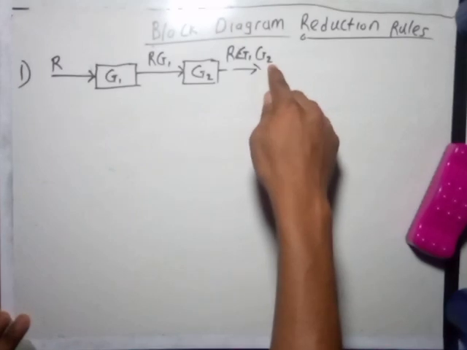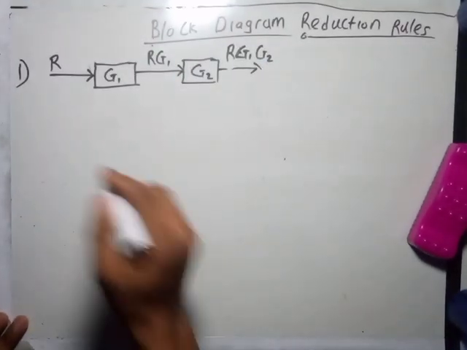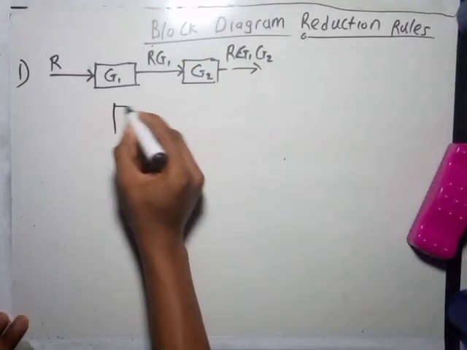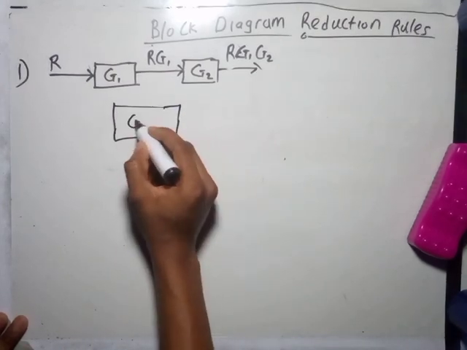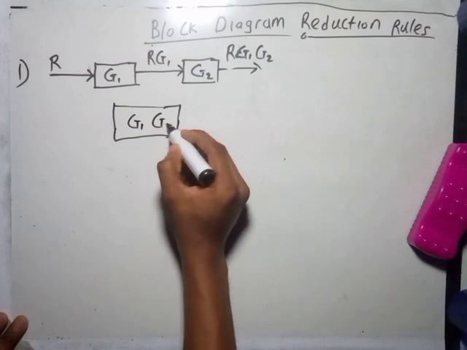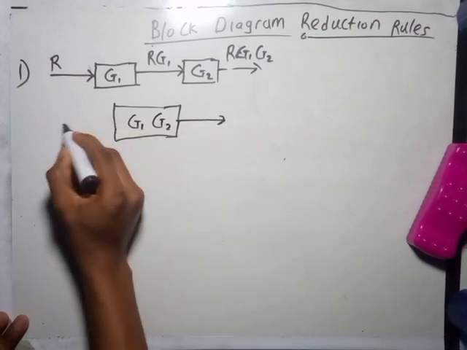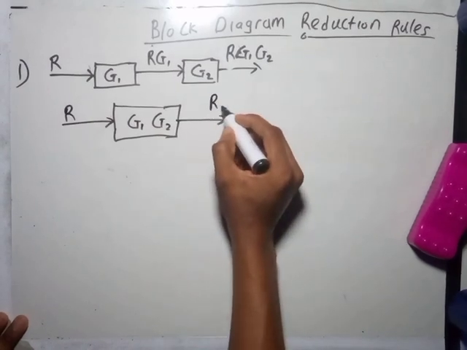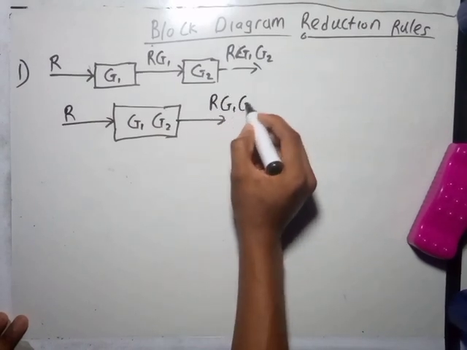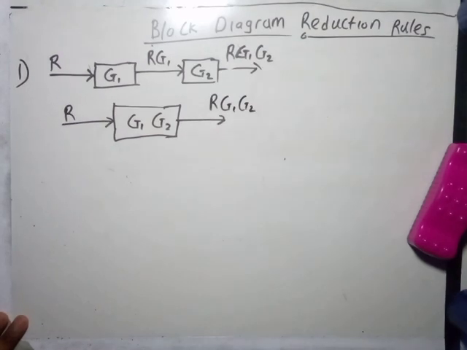Another way you can write this is simply multiplying the two functions together and saying G1 G2, and you see still at the output you have G1 G2 here. So this is one of the common rules in block diagram reduction.